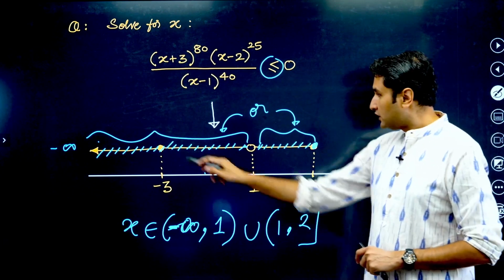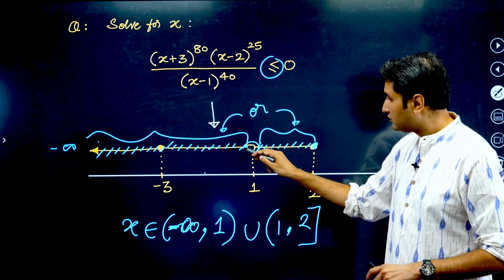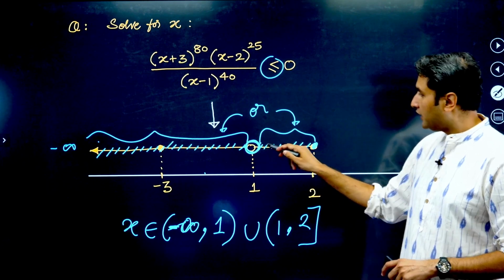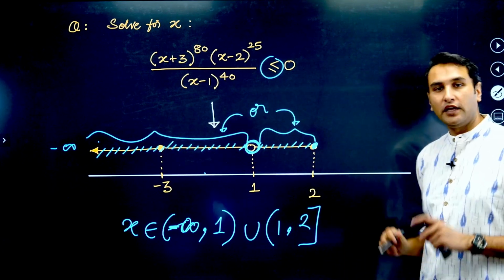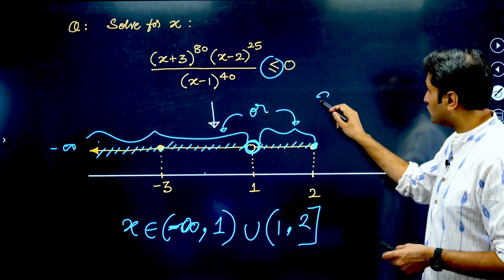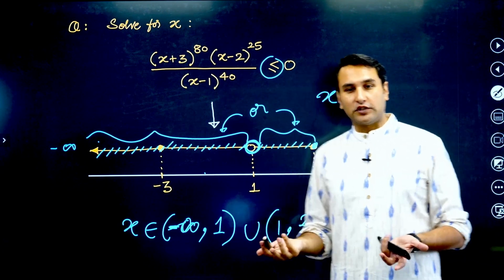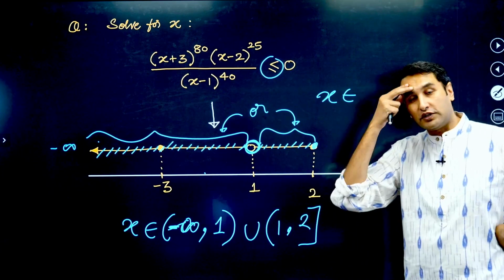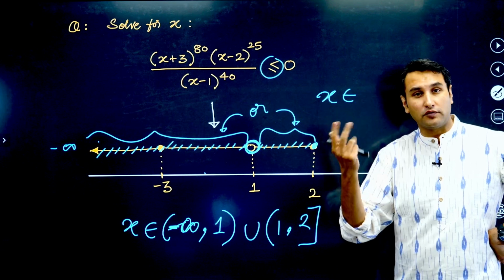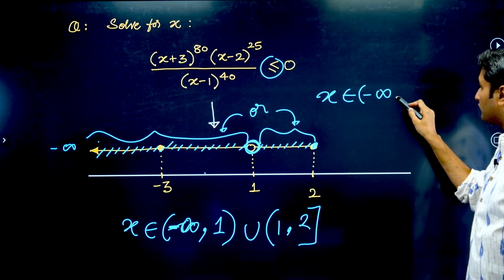So what you have done, you have traveled in this zone, avoided 1, and then you moved in the other zone. So x lies either here or here. In other words, some students also write it like this: x belongs to, if I were to explain to someone, I'll take every number from -infinity to 2, but then I realize, oh God, I forgot one thing.